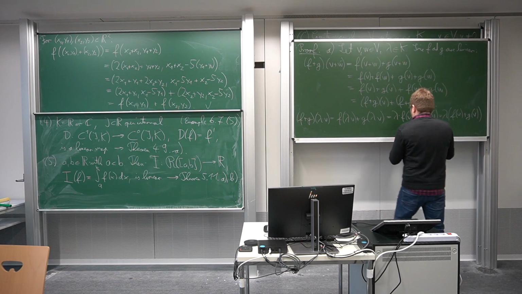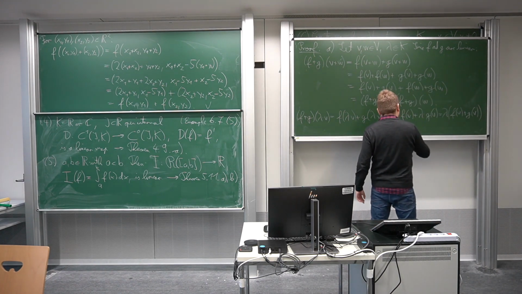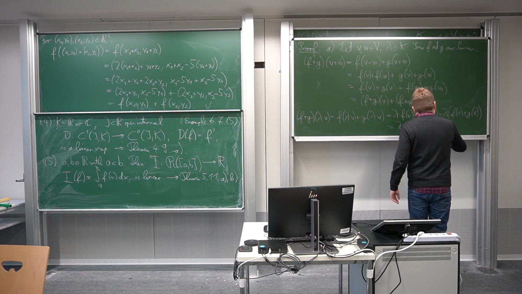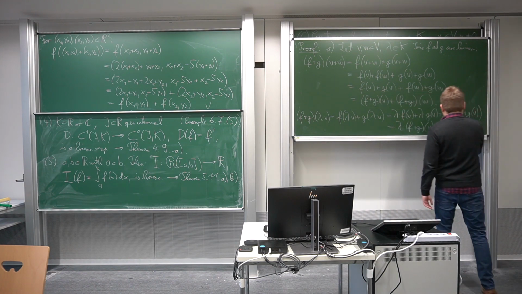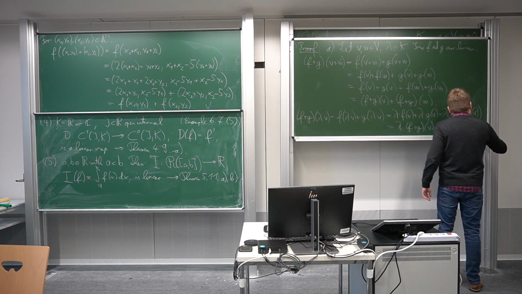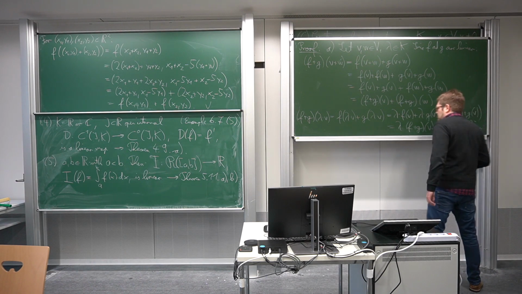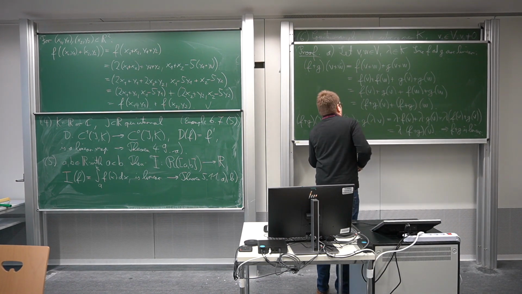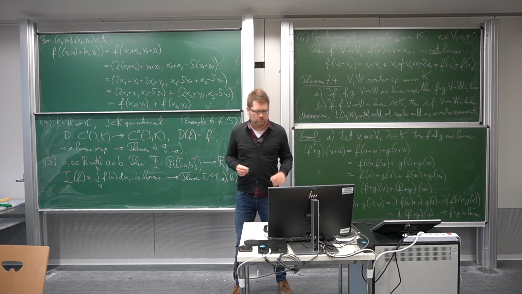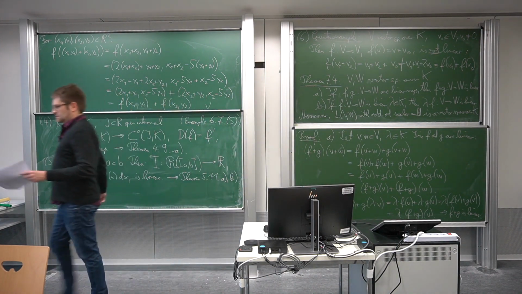And this is of course the same as lambda times (F plus G) of v. Okay, these two properties show F plus G is linear. So the sum of linear maps is linear. Let me erase and then conclude the proof of this statement.